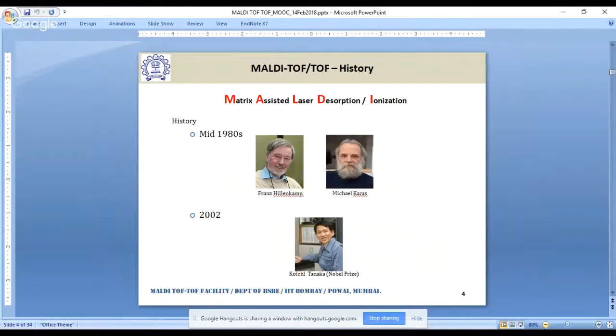They were basically chemists who developed this as a soft ionization technique for the study of a few chemical compounds which they did not want to completely break down with the help of other ionization techniques that were prevalent at that time. But it took a long time for this technique to be used for biological samples. And it was Koichi Tanaka who got a Nobel Prize for showing that this particular technique could be used for biological samples in the year 2002.